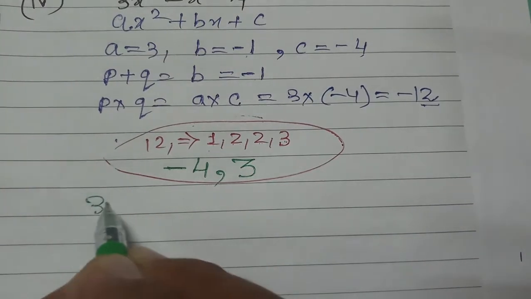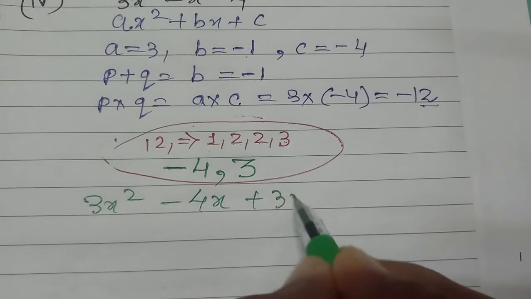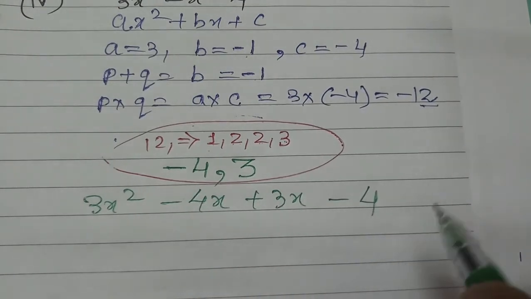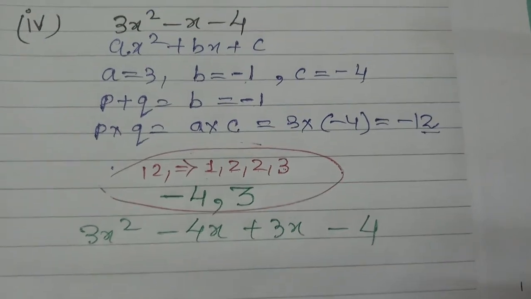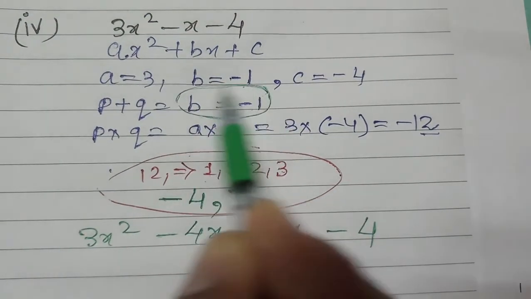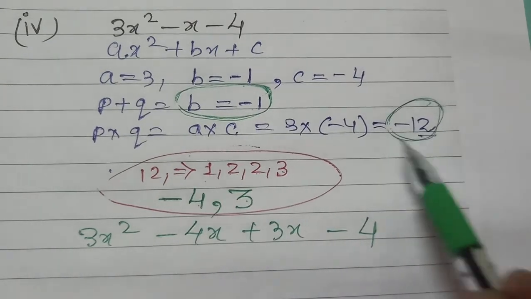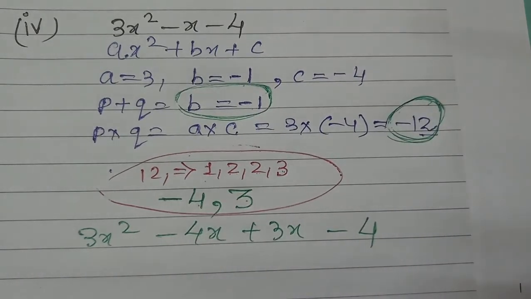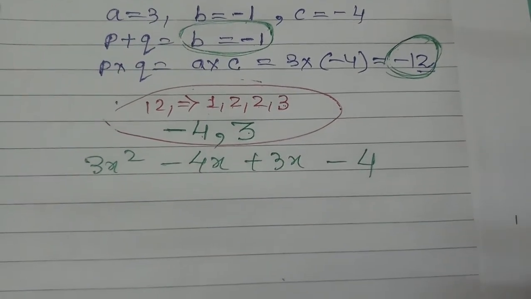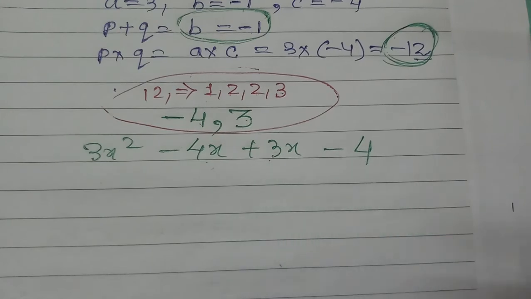So now we have to split the middle term: 3x square minus 4x plus 3x minus 4. Now see whether both conditions are fulfilled or not. Minus 4 plus 3, we are getting minus 1. Minus 4 into 3, minus 12. So both conditions are met. Now we have split the middle term.